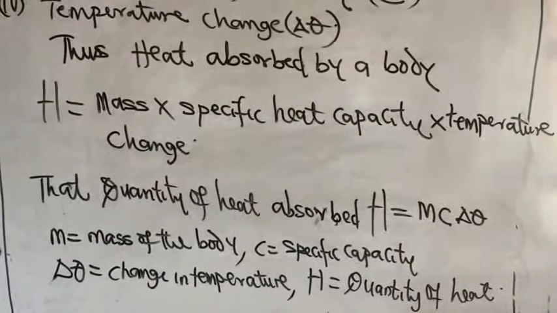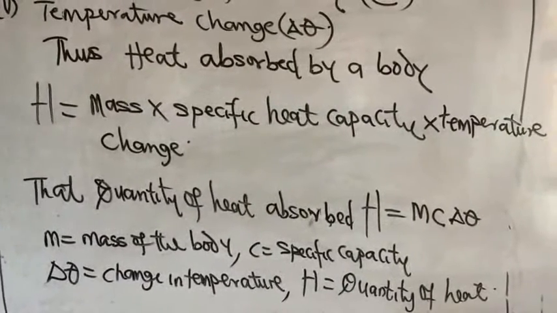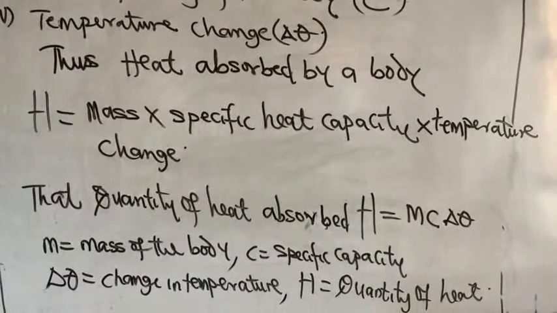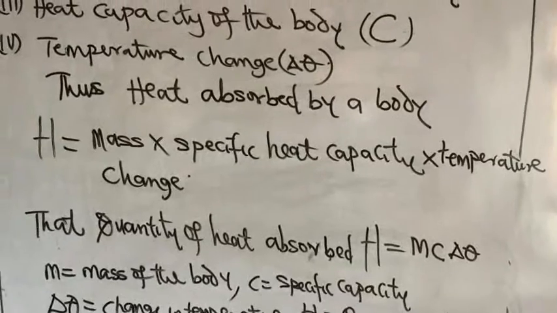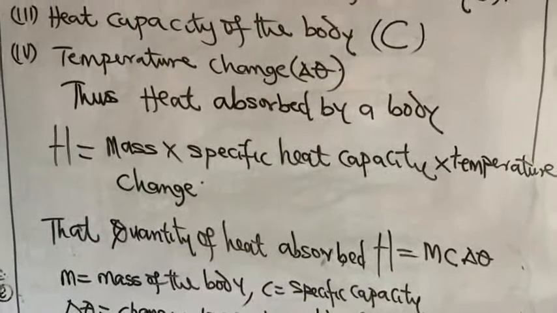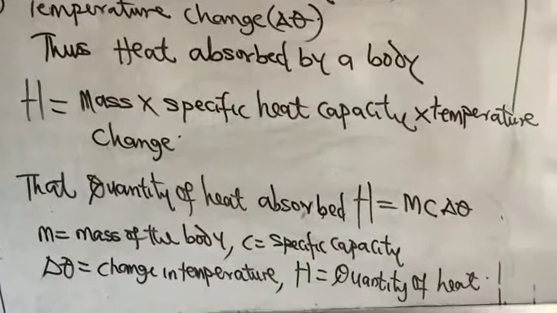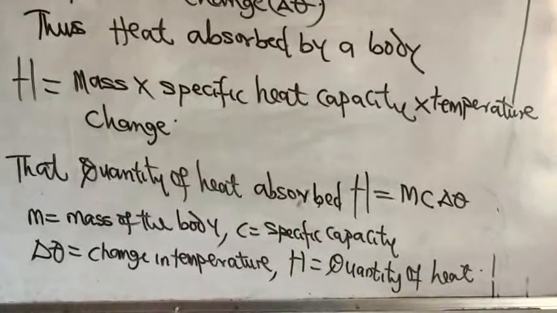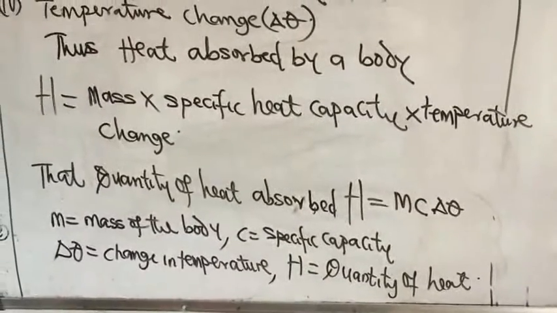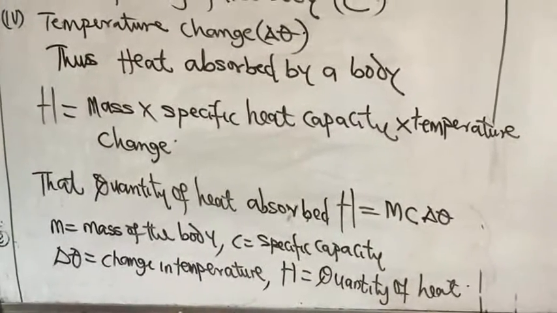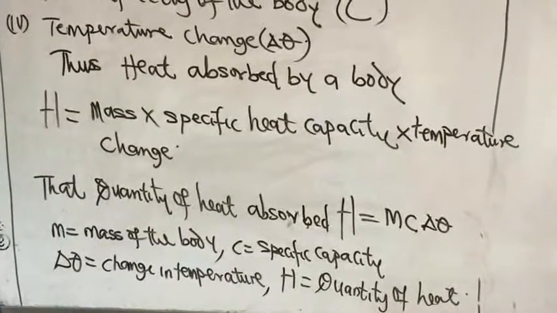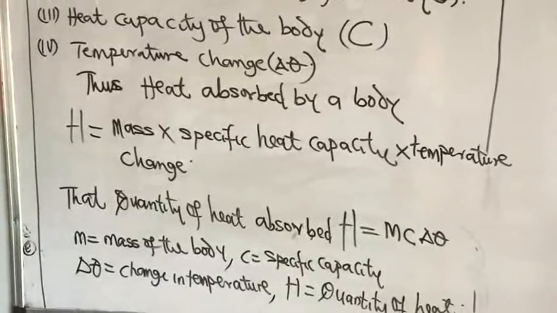If I have a big pot and a small pot, and I put them on a particular heat source like a stove, with water in the pot waiting for it to start boiling, you find out that the water in the small pot will boil faster than the one in the big pot. Why? Because the mass of the big pot needs to absorb more heat before the water can start boiling. That's what this formula is telling us.